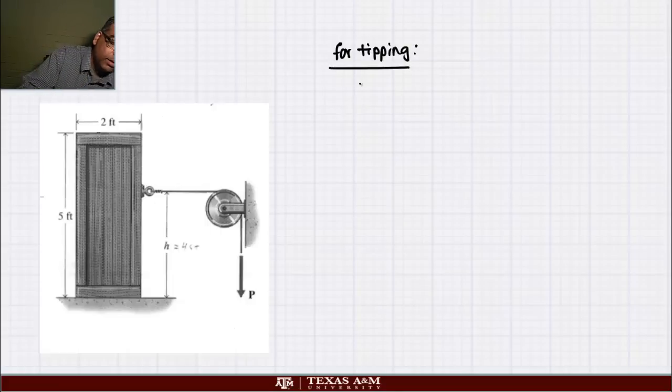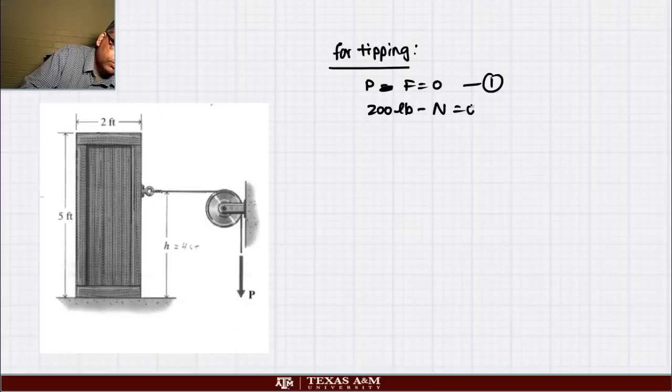I'm going to repeat it here. P minus F equal to 0 is equation 1. 200 pounds minus N equal to 0 is equation 2. And then minus 4P plus 200 minus x times N equal to 0 is equation 3.